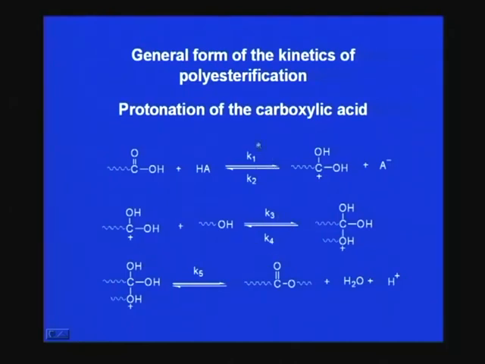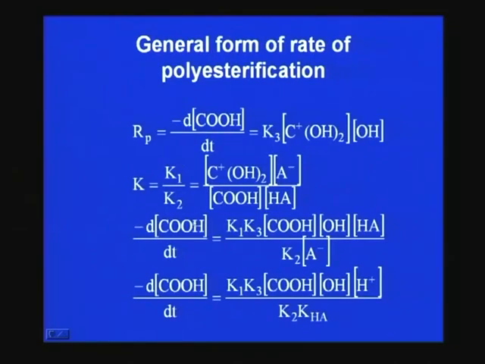So these are the various rate constants for different intermediates here, and ultimately all those rate constants are involved in the rate equation, and the overall rate of esterification or polymerization can be calculated by taking the concentration of carboxyl group, hydroxyl group, and this acid as a concentration term in the rate equation. There are certain regions, I will explain later. Okay, thank you.